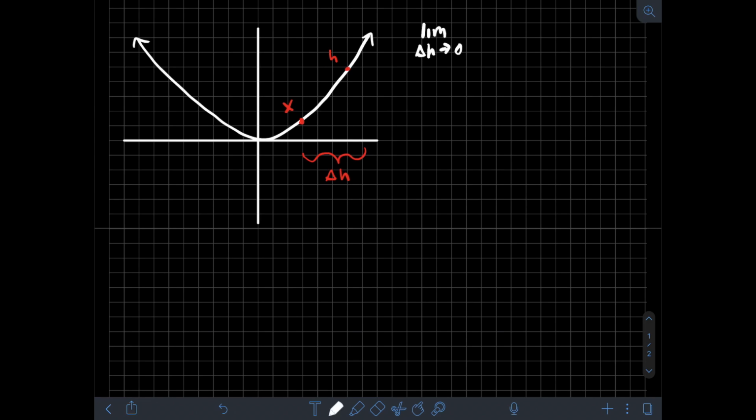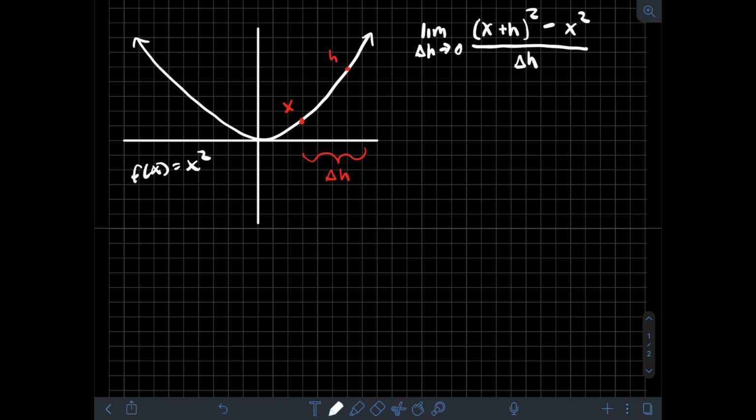So we know our function is f of x equals x squared. So we're going to do (x plus h) squared minus x squared, which is the other point on our line, all over delta h.